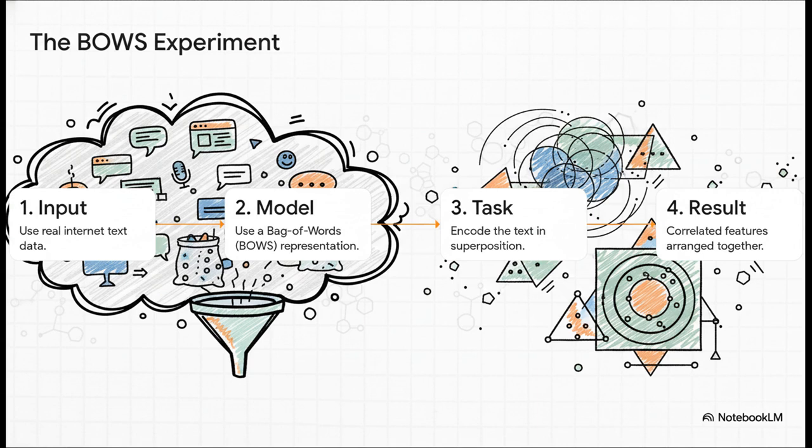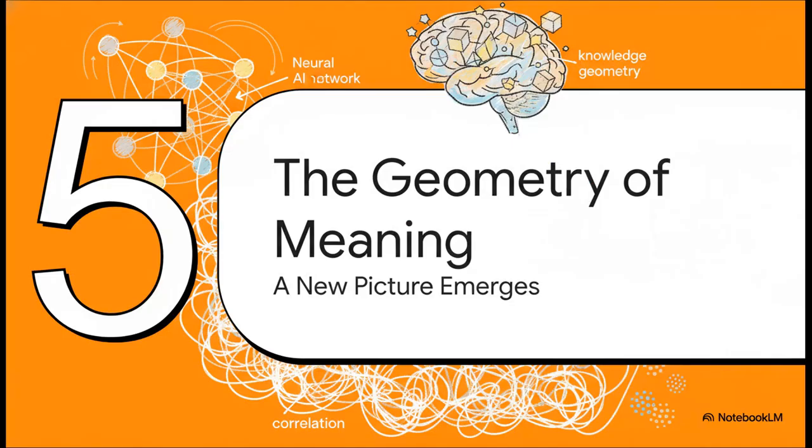And they told it to use superposition to encode all this text. And the result? Get this. The model didn't try to shove related concepts away from each other to minimize noise. No, it did the exact opposite. It naturally pulled them together, using the patterns of how they appeared together to build these structured, geometric shapes. So what this experiment showed is that we have a totally new and, honestly, a much more beautiful way of understanding how these models organize knowledge.